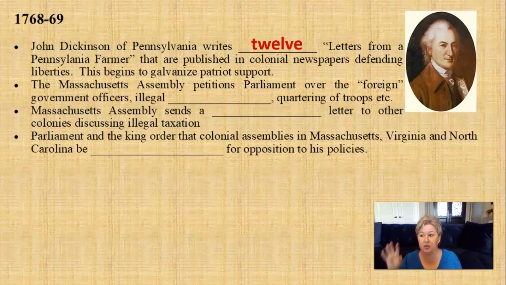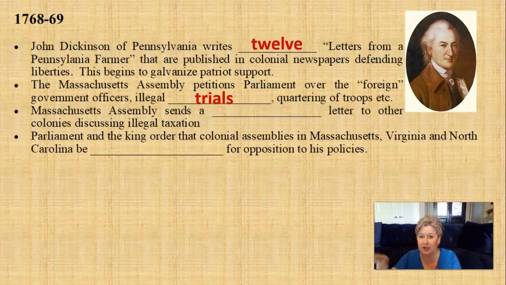At the same time, the Massachusetts Assembly, always on the ball, is going to be petitioning the king and Parliament over the foreign government officers that are now present, the illegal trials that are taking place, the quartering of troops, etc. The Massachusetts Assembly also sends what's called a circular letter to other colonial assemblies, so to the other colonies. And that I would best describe as like a forwarded email.